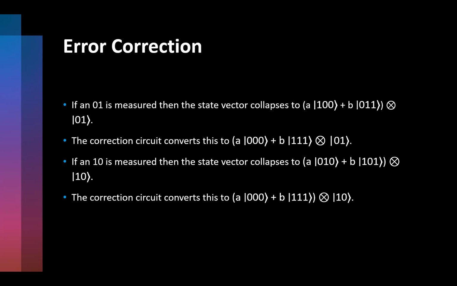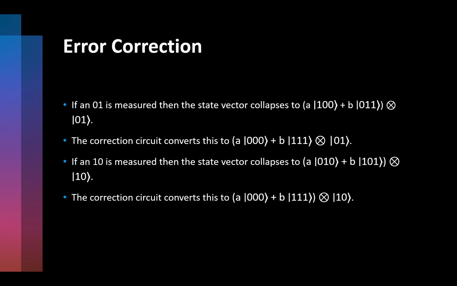That means our original information has been flipped. So how do we correct it? Our correction circuit will change it again to 0 0 0 plus 1 1 1.